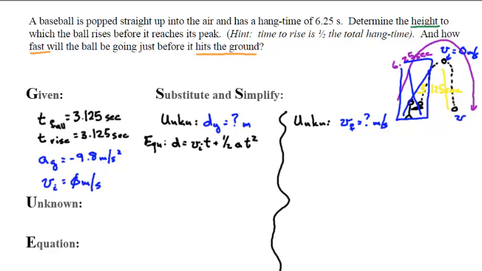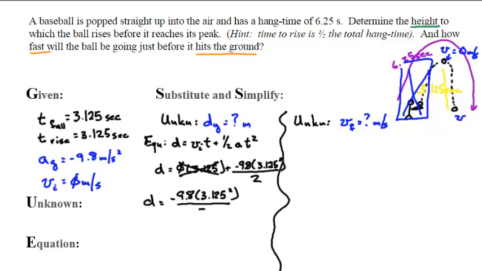If I replace letters with numbers, I get distance equals, the velocity initial is 0, times the time 3.125, plus 1/2 times negative 9.8 times 3.125 squared. Now the first term blows up, leaving me with distance equals negative 9.8 times 3.125 squared all over 2.